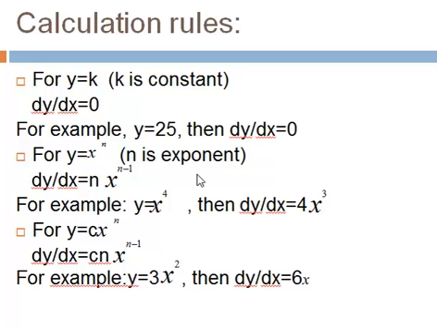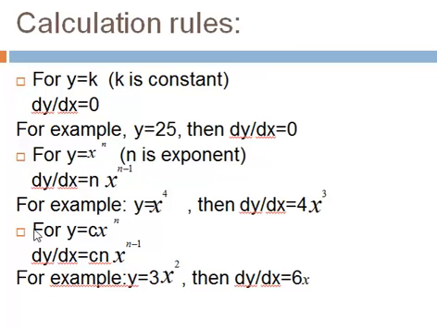So when this happens, the derivative of y, or dy over dx, is equal to n times x raised to the power of n minus 1. For example, if y equals x raised to the power of 4, then dy over dx is 4 times x raised to the power of 3, n minus 1, which is 3.